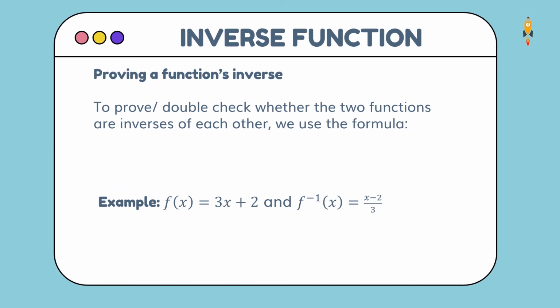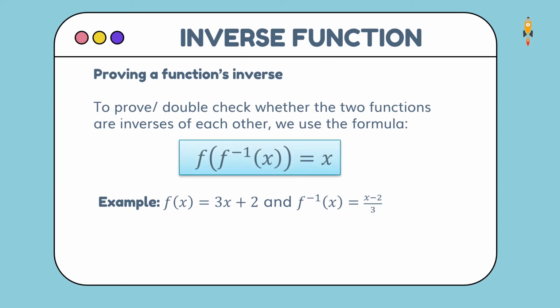To prove or double-check whether two functions are inverses of each other, we use the formula f of f inverse of x. In this, we substitute the inverse function into the x in the function f, and if the result is x, then the two functions are inverses of each other.